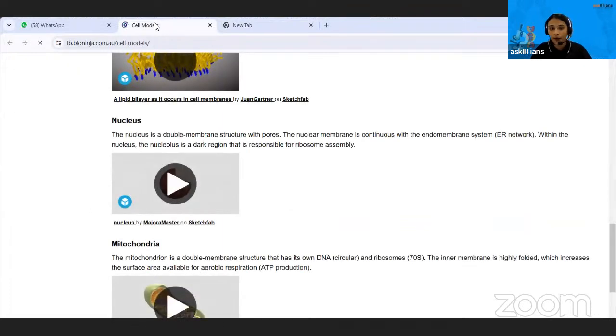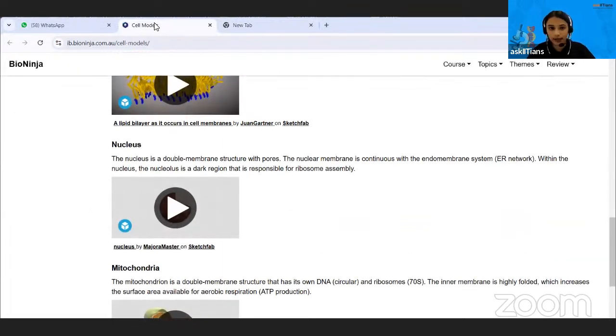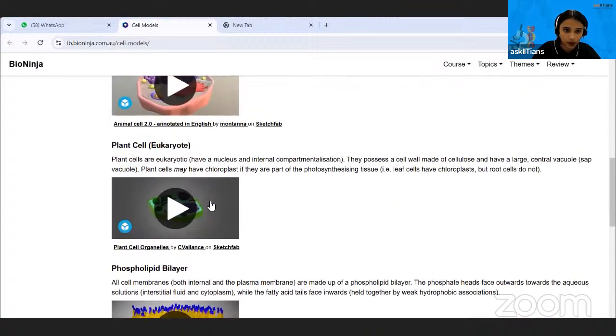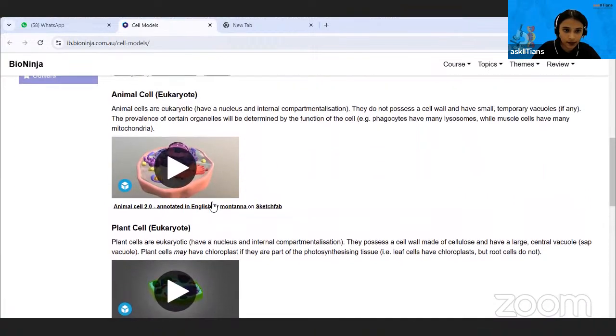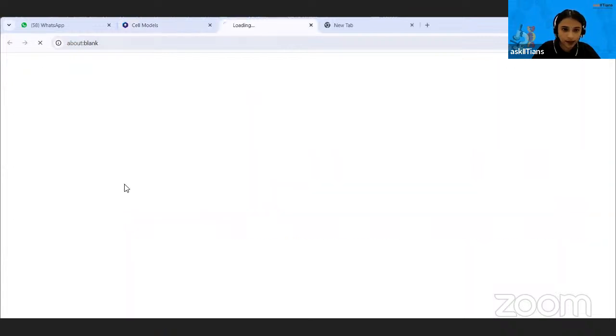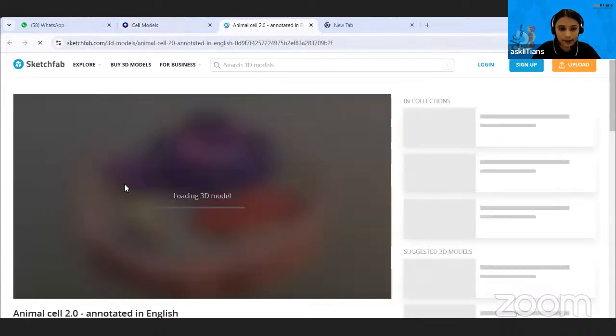Okay, so now I'm going to show you this animal and plant cell in 3D. First let's see the animal cell.